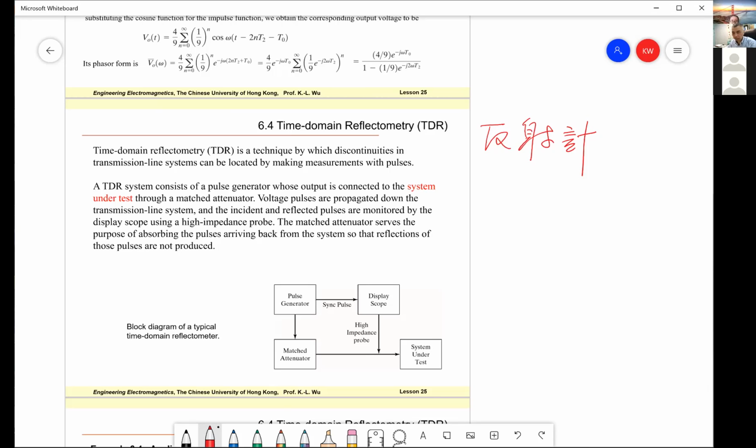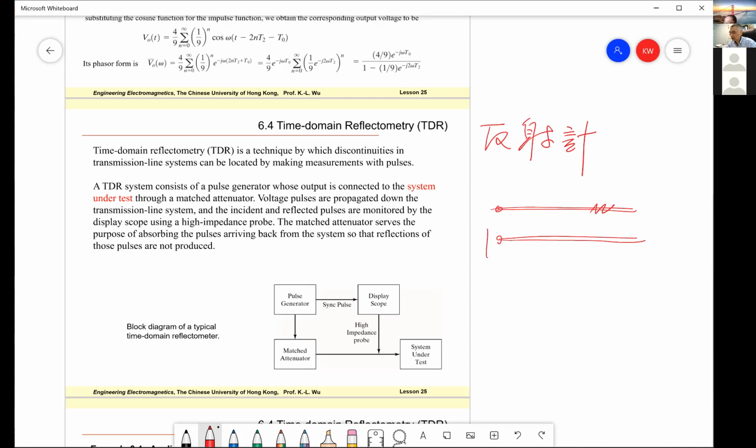What happened? What problem? For example, we have a very long cable, and somehow some place is broken, but we don't know where it happened. So I need to detect what is wrong with this.